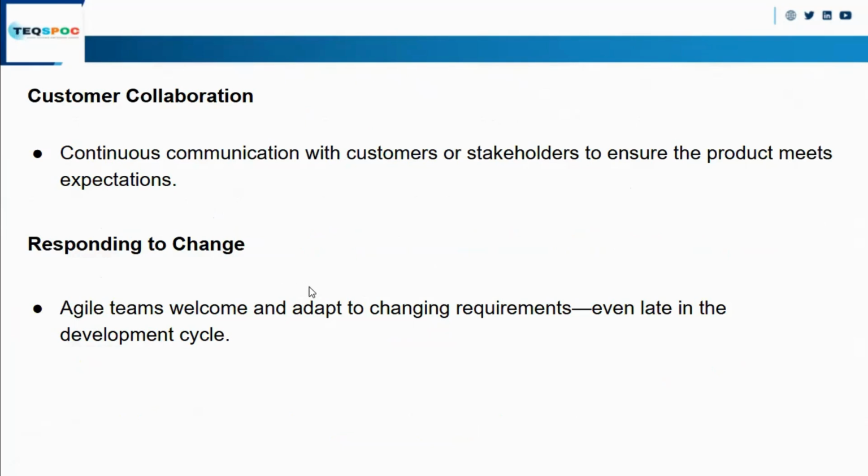If the client asks for a change in between the development, then we will respond to it. In the waterfall model, which is a predictive model, if some change occurs in between development and testing, we are not able to change things. We have to start from the beginning, and that is time consuming. In Scrum, we can make the change in between the development. That is the benefit of using Scrum. That is the second point.